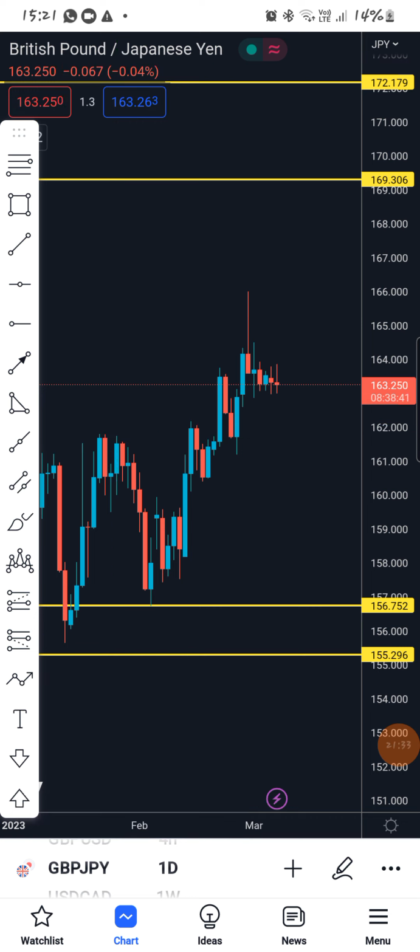Let's go to the 4 hour time frame, because the 4 hour time frame will help us a lot in finding the setups. So let me just indicate where I was talking about. This was the area here, and then it got broken like that, went down, and then the market broke the area again.